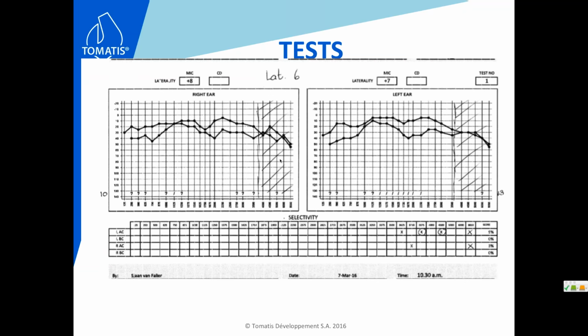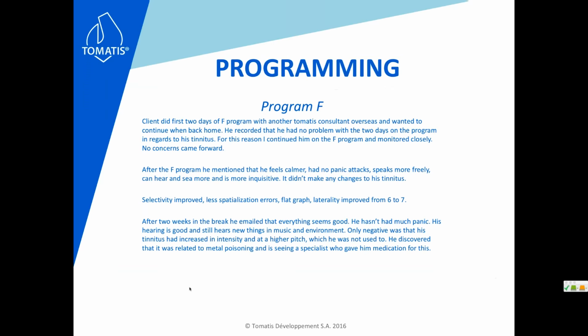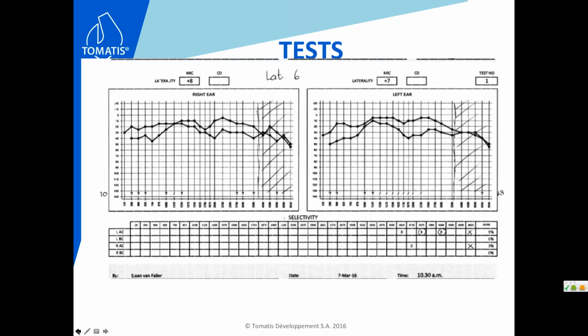Let's say that at 35 decibels, he tells you that the two sounds are at the same intensity. So in the observation area, you're going to put tinnitus, let's say right here at 4,000 and intensity, 35 decibels.